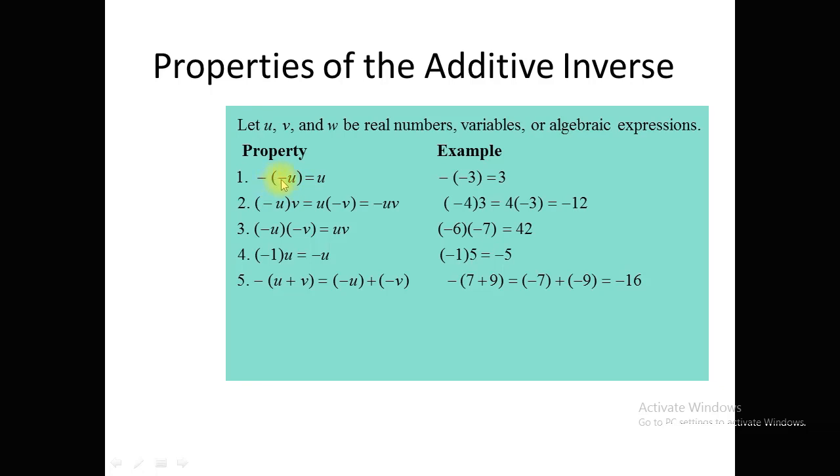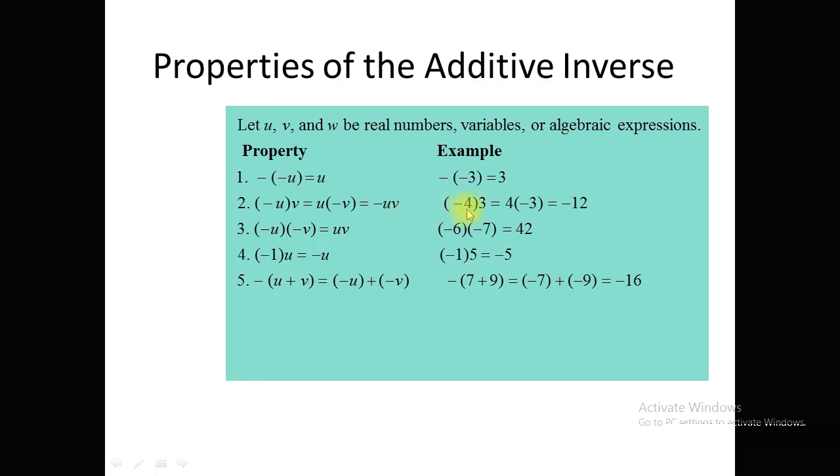minus of minus u will be equal to u. Similarly, for example, minus of minus 3 equals plus 3. This is the additive inverse property. Now minus u times v, we can write as u times minus v, which is equal to minus uv.